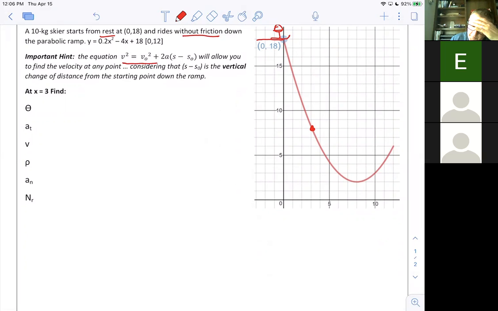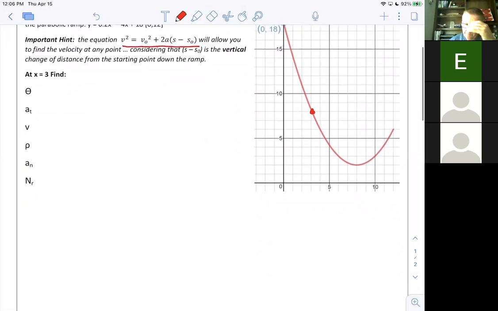Notice in this equation up here, your initial velocity, which is 0. So v squared equals initial velocity squared, but your initial velocity, because we started at rest, is nothing, plus 2 times, and notice this says vertical here. It's the vertical change of distance.